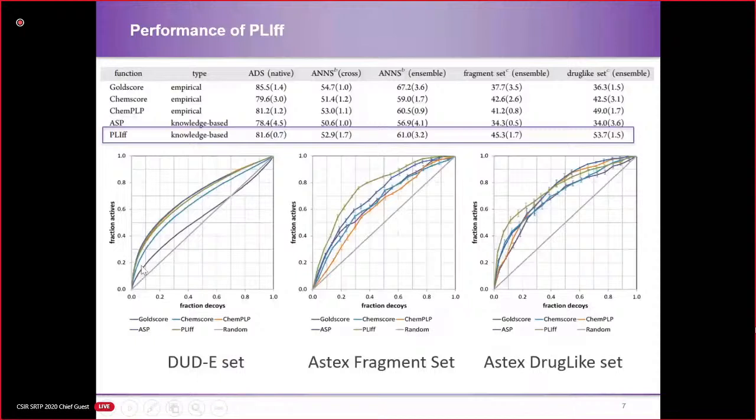So the further up you go from this diagonal line, the better you are. And PLIF here again does as good as other scoring functions for the decoy set. But again, in the fragment set and drug-like set, this does really outperform other scoring functions.